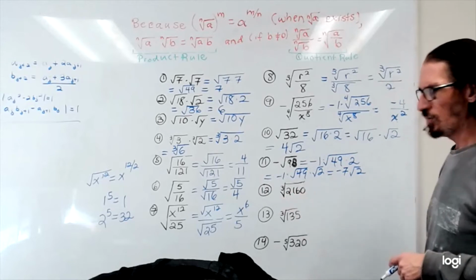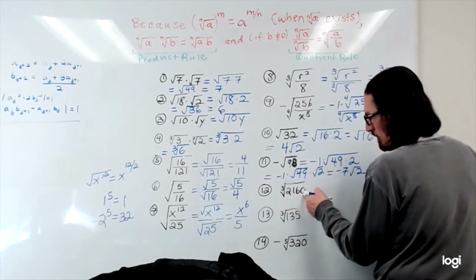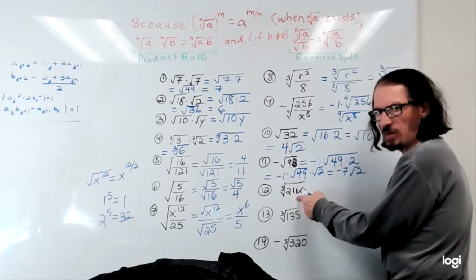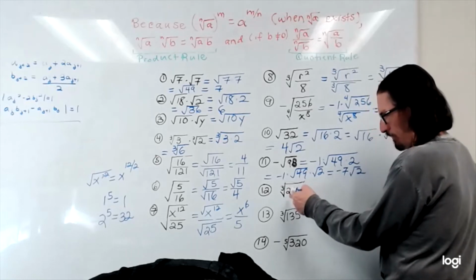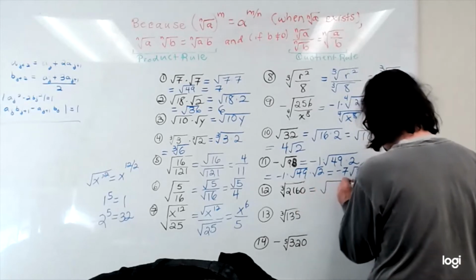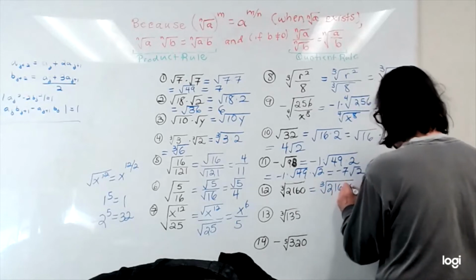On the next one, cube root of 2,160. That extra 0, if I look at just the 216, I'm recognizing perfect cube. 6 cubed is 216. So I'll break up 2,160.